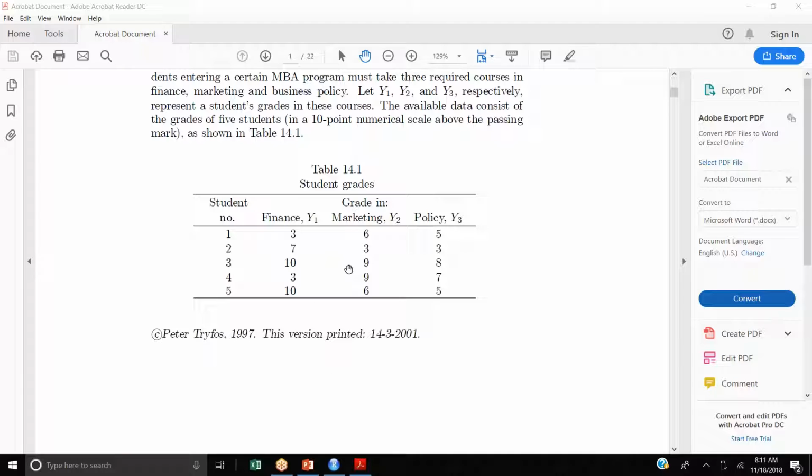So the point here is that finance, marketing, and policy are all meant to capture probably only 1 or 2 dimensions. Can you guess what they could be? For me, it looks like finance and marketing are more about numerics. Agreed or not?